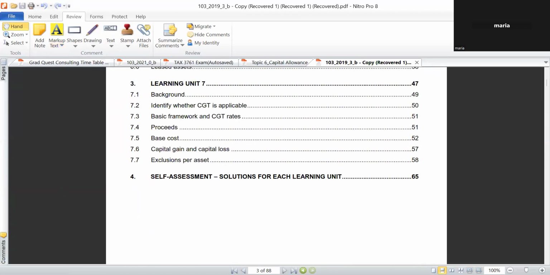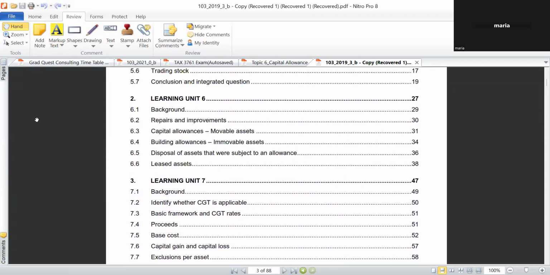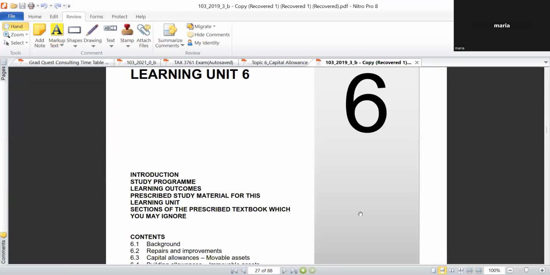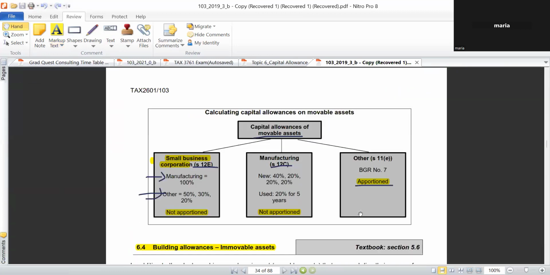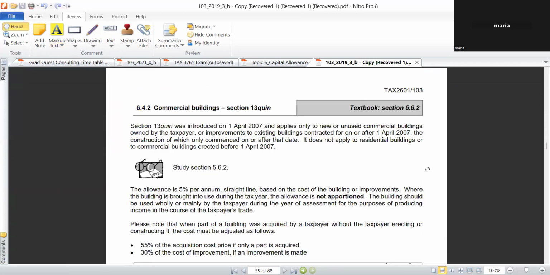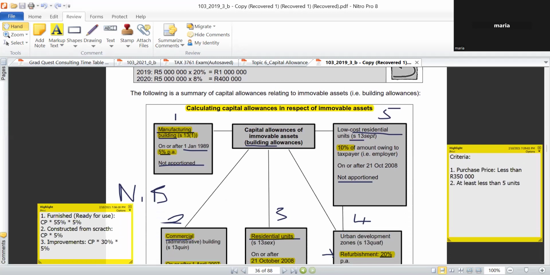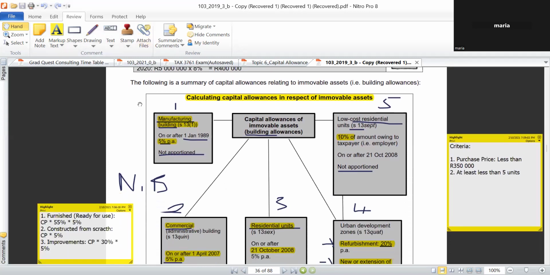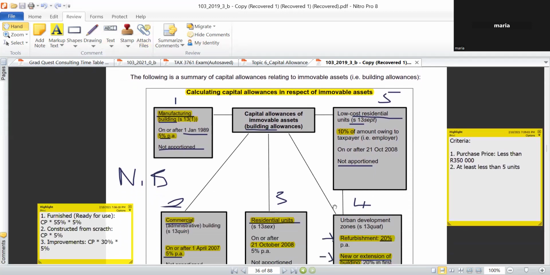It's actually what I used to use for my students when they were doing this module at that time. I just want to quickly show that to you. Right, there it is. This is just a summary about building allowances, basically.